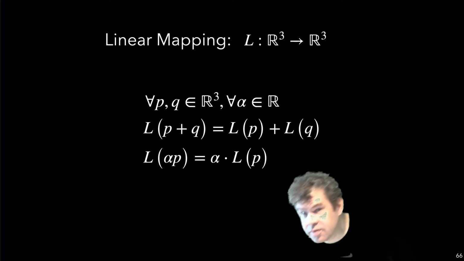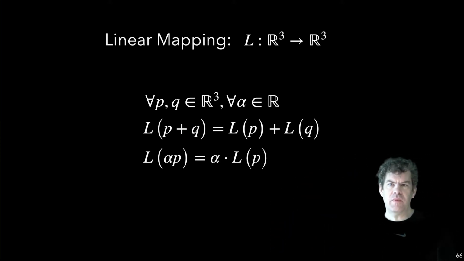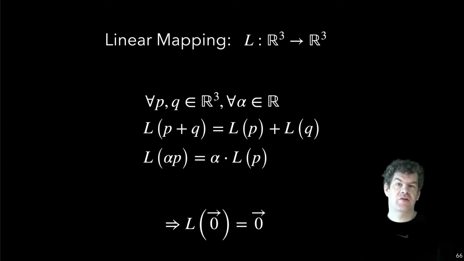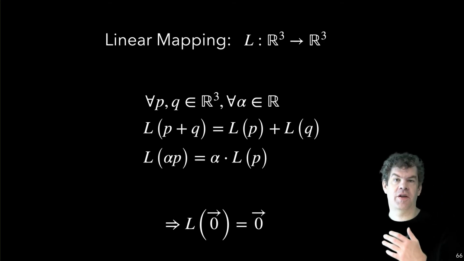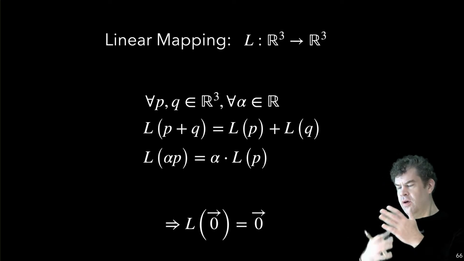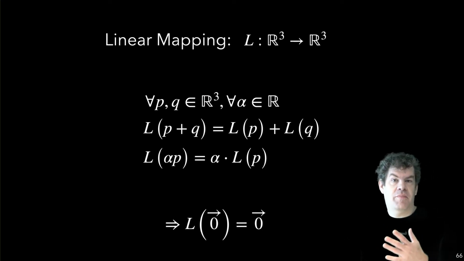So, what's the consequence of that? Why did I repeat that? There's an interesting consequence: a linear mapping cannot change the origin. What's the origin? The origin is a special point that you also need to define. When you define a vector space, you need to define a zero element. In real numbers, the zero element is literally the number 0.